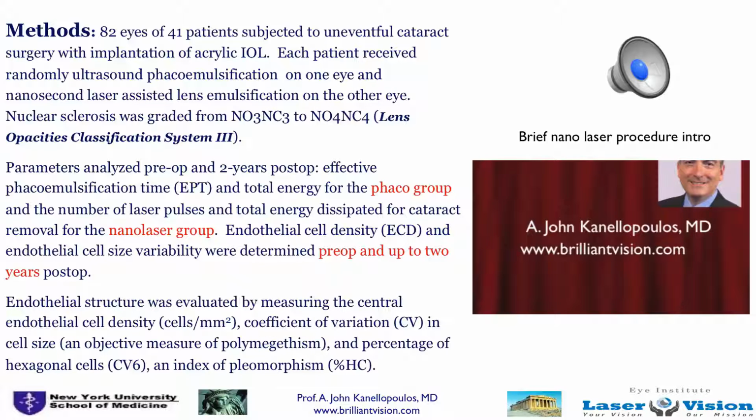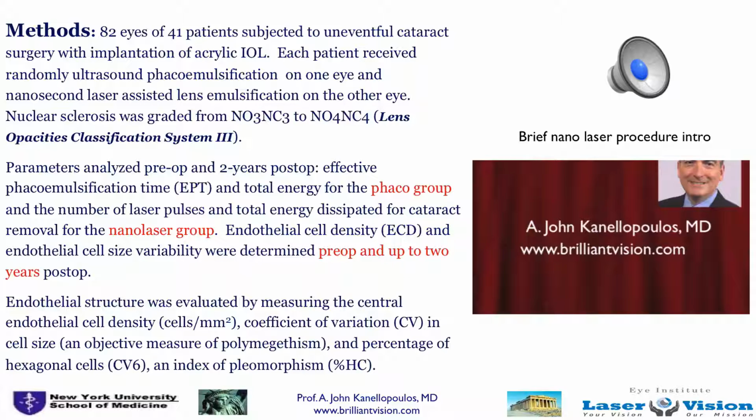The parameters analyzed pre-op and 2 years post-op were the effective phacoemulsification time and total energy for the phaco group, and respectively for the nanosecond laser group, the number of laser pulses and total energy dissipated for cataract removal.